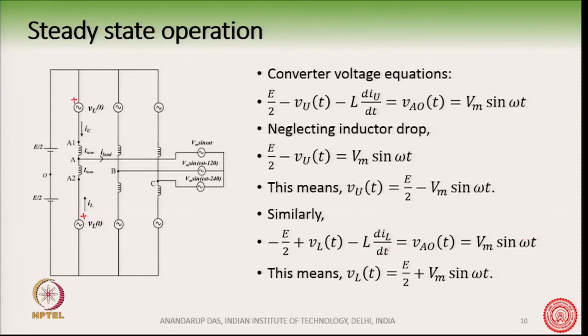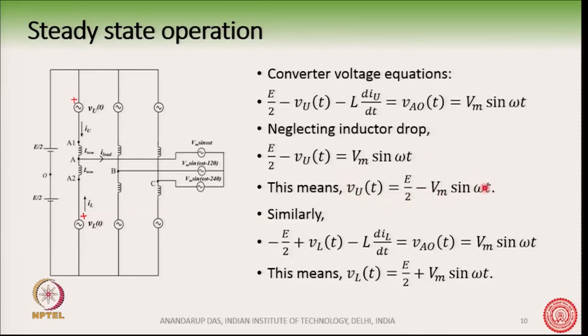Again, if I neglect the inductor drop here, we can say that V L t, that is the lower controllable voltage source, can be written as E by 2 plus V m sin omega t. Okay. So, this is the expression for the lower controllable voltage source, and this is the expression for the upper controllable voltage source.